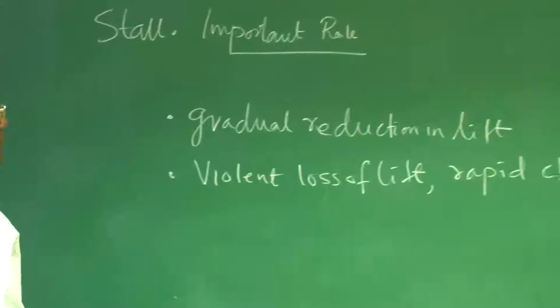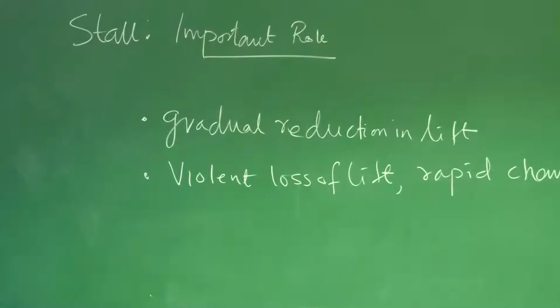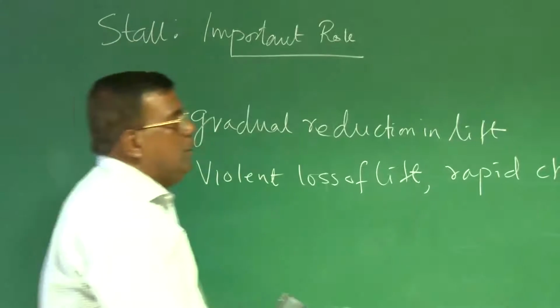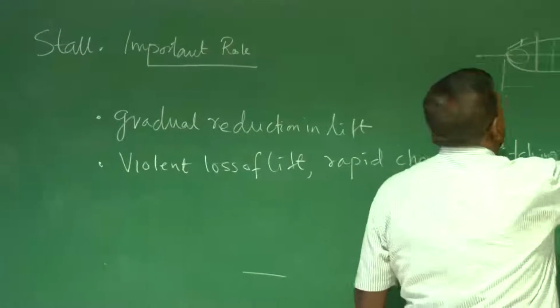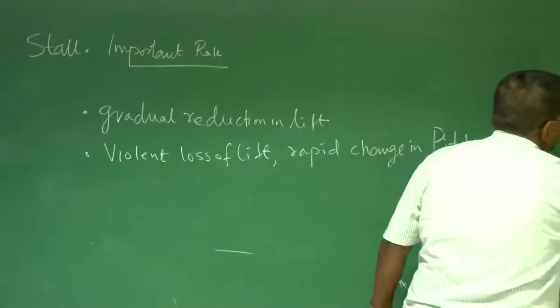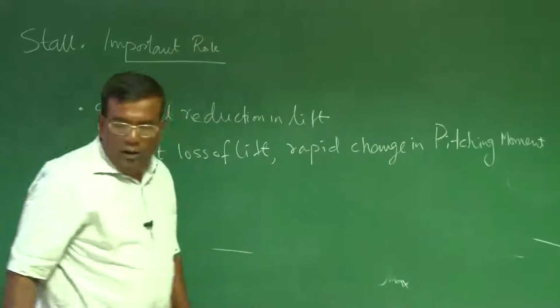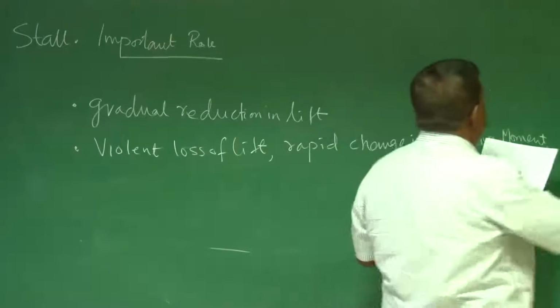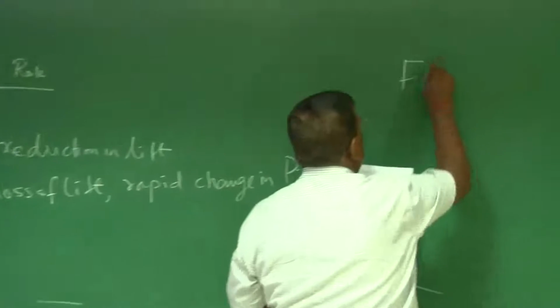Right. So in Raymer's perception, he has explained 3 types of stall. Very wonderful summary of his experience, and I thought it must be shared. One, he talks about the fat aerofoil.